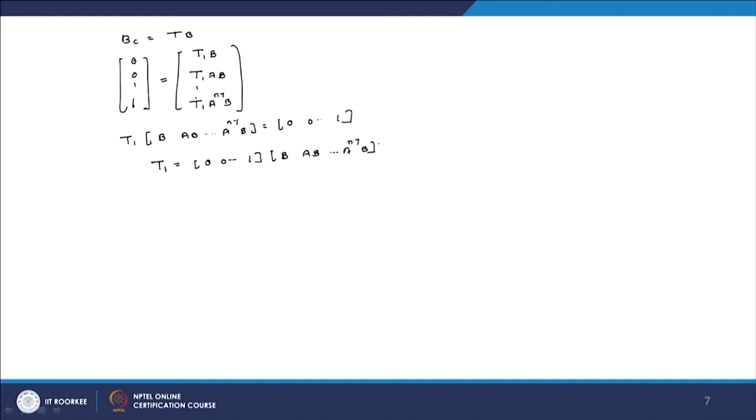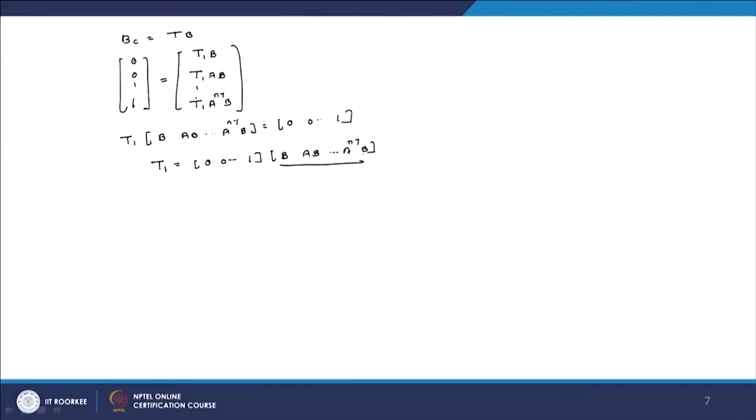Here our main purpose is to design a controller, and as we discussed earlier, controllability is very important, because in controllability we are transferring the state from initial time to final time. In the controller design, the B, AB, up to A raised to n minus 1 B expression will come. That means, if the system is not controllable, this part will not exist and controller design is not possible.